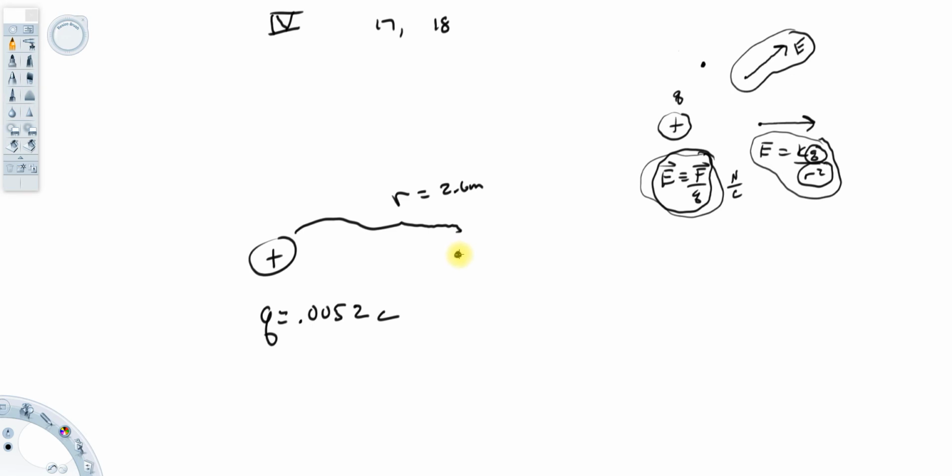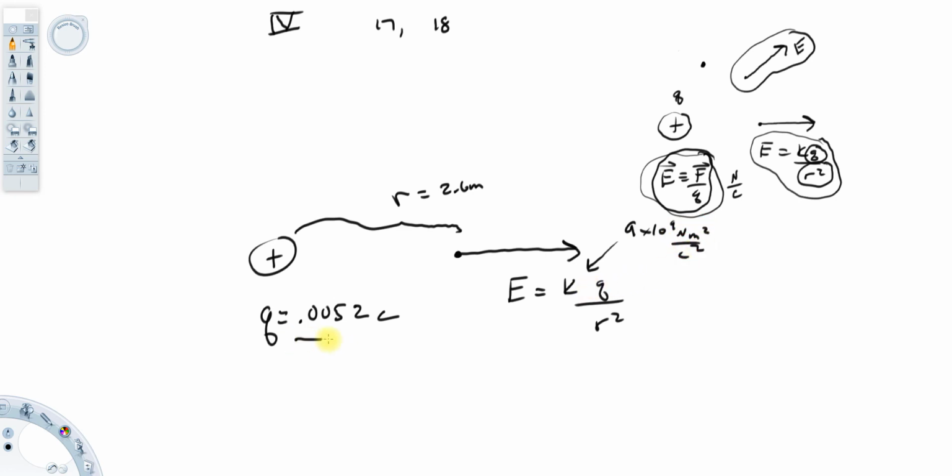So the electric field vector at that point points away from this charge, because if I put a proton right here, the force direction on it would be this way. So that is the electric field direction at that point. And it can be calculated by kq over r squared. So the k is the Coulomb constant, 9 times 10 to the 9th newton meters squared per coulomb squared.